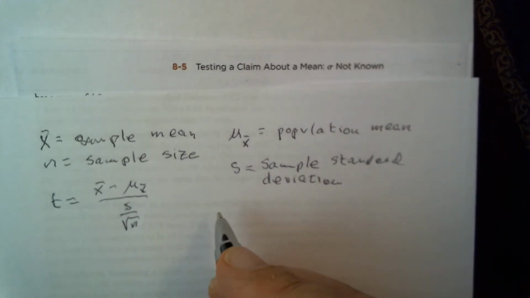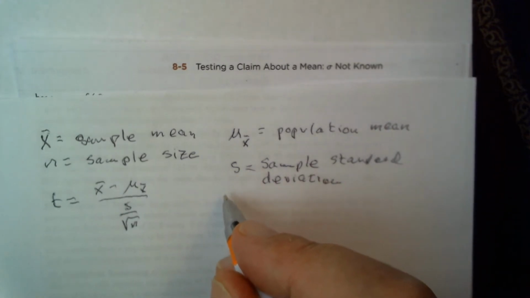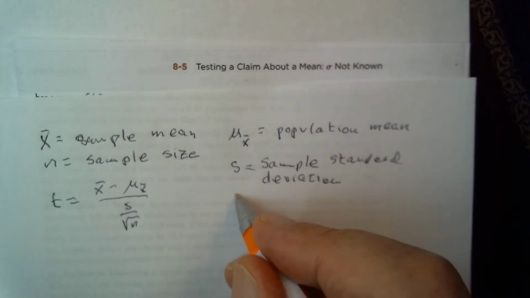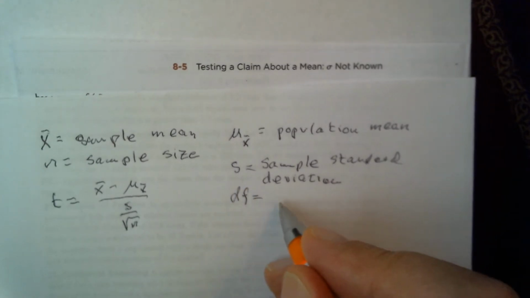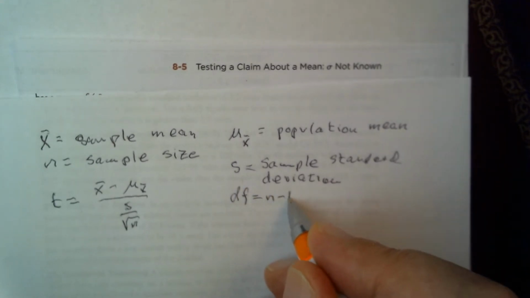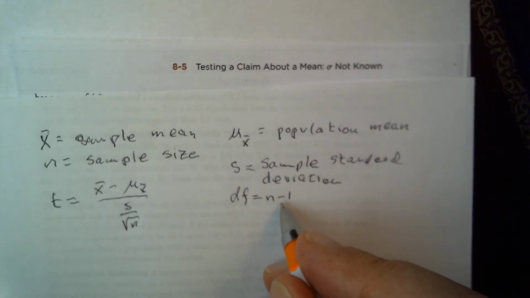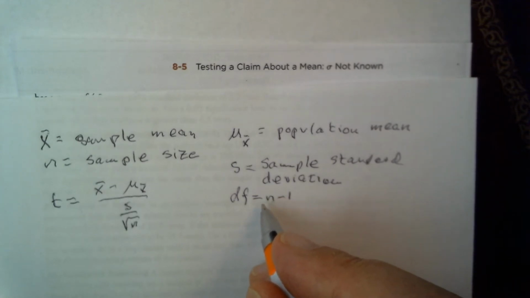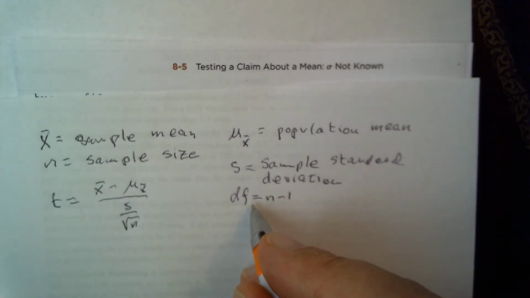And then to find critical values, we use the t-distribution in table A3 with degrees of freedom given as n minus 1. And I will use the table, and so you'll see how that is done. But again, we've done this before for chapter 7, and so this is basically the same thing to find the critical values.